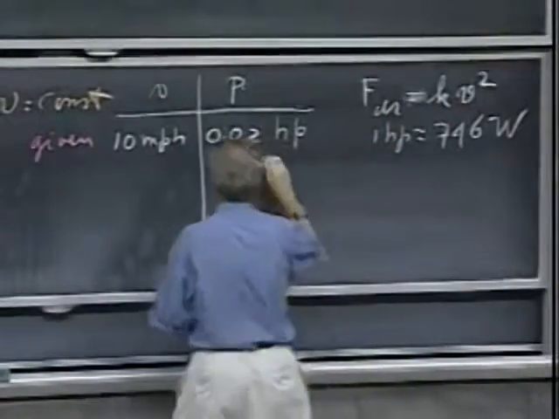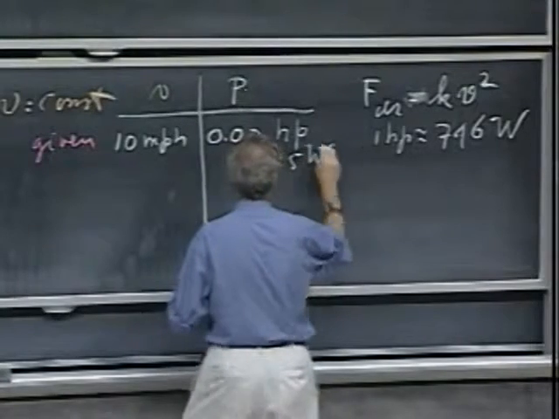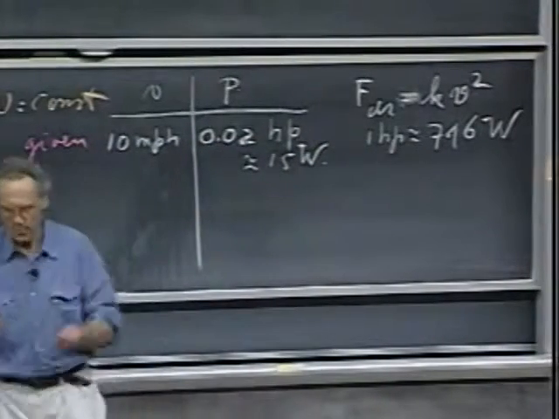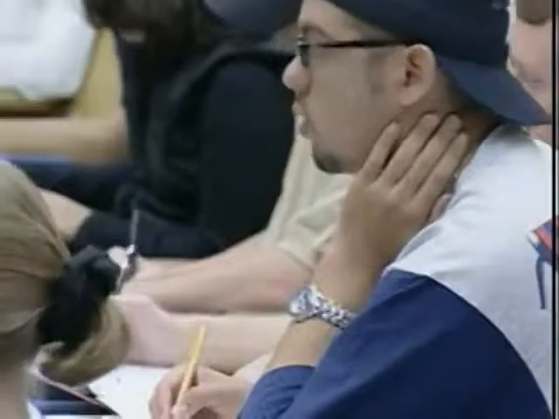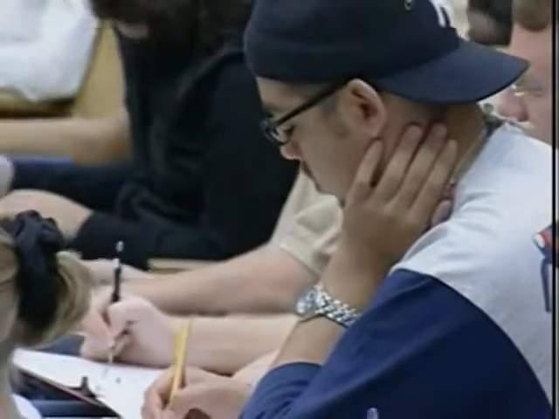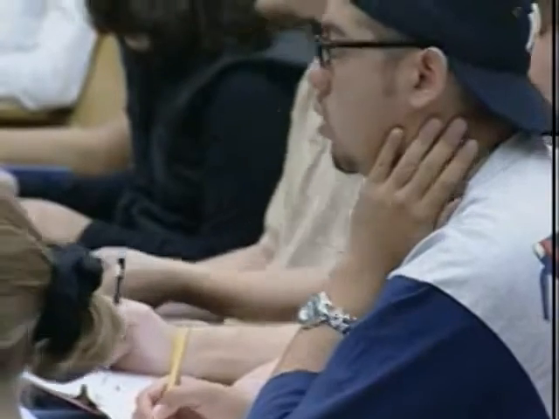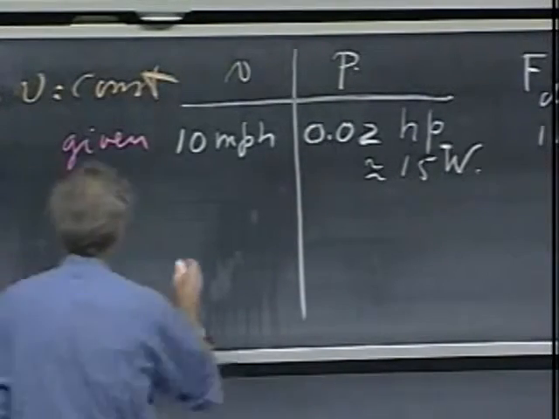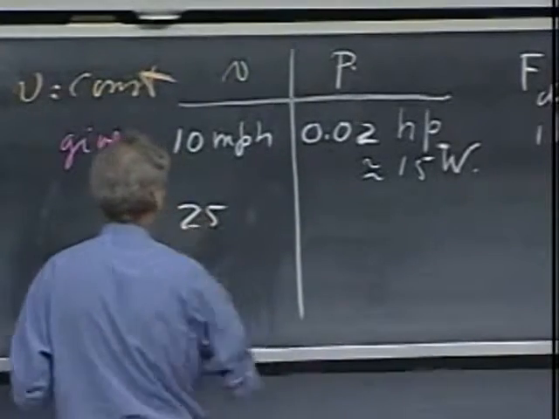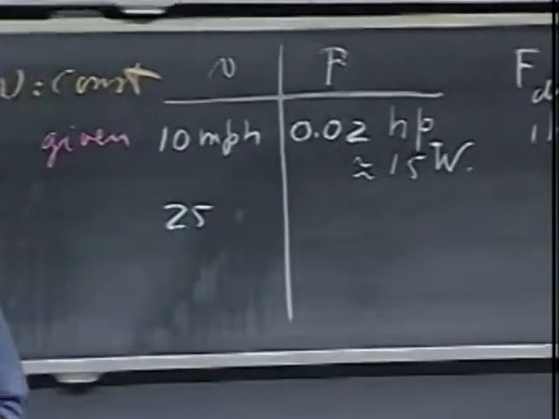So this is about 15 watts. So I'm pedaling, and I keep my speed 10 miles per hour, and I have to generate 15 joules per second on average. But now I want to go to 25 miles per hour. So here we get 25. That is 2.5 times higher.